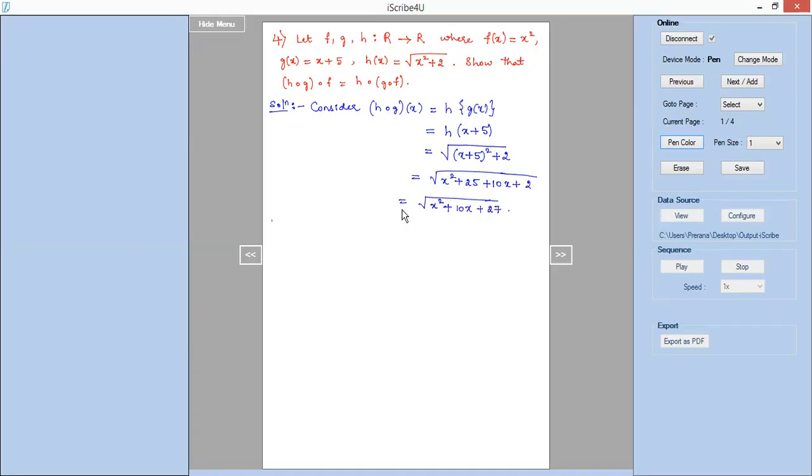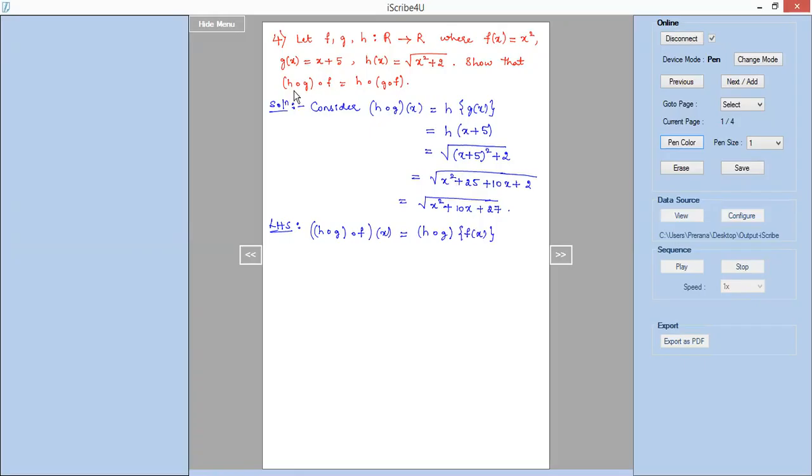Now we consider the LHS of the same. So LHS will be h composition g composition f of x, and that can be written as h composition g of f of x. First we took h composition g on the element x.